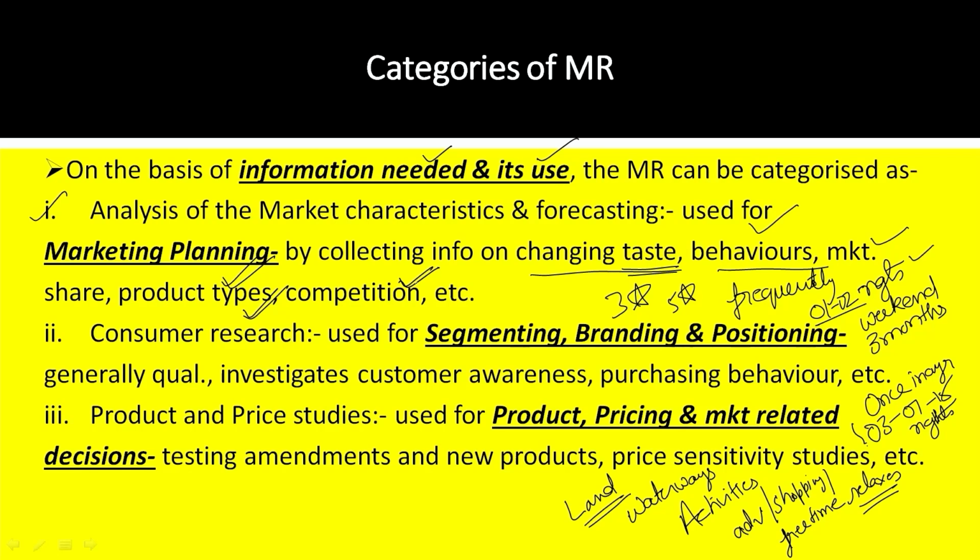Now the thing is, why does the company need this kind of market characteristics based information? To do marketing planning, okay, to do forecasting. Based on forecasting, they know what inventory they need: how many coaches, how many nights in a hotel in a particular city during a particular quarter, quarter 1 or quarter 2.